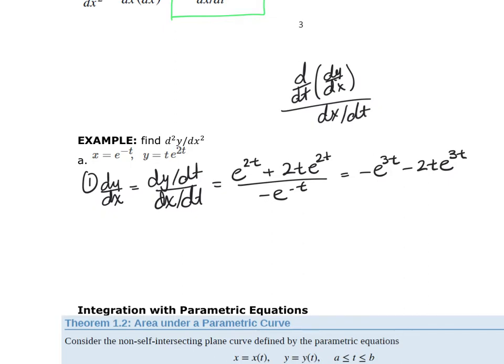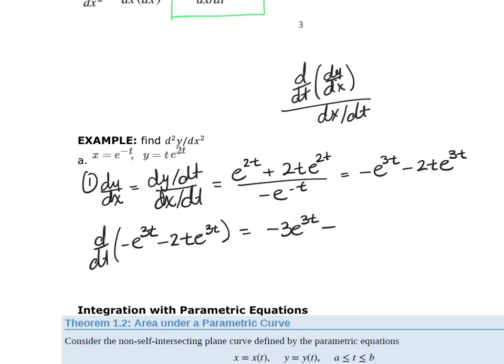So now I'm going to take the derivative of this. I'm going to do d/dt of negative e raised to the 3t minus 2t e raised to the 3t. This is going to be equal to negative 3e raised to the 3t by the chain rule.